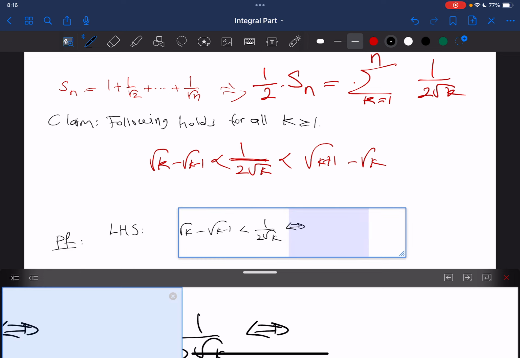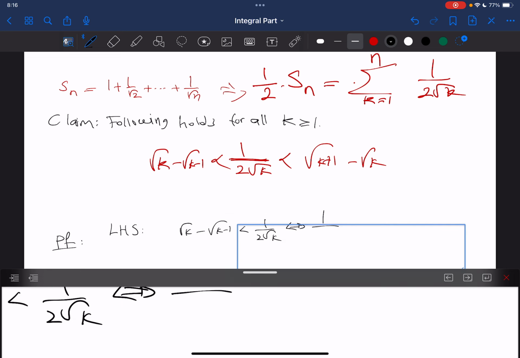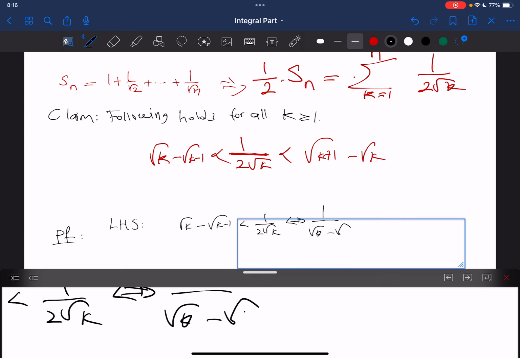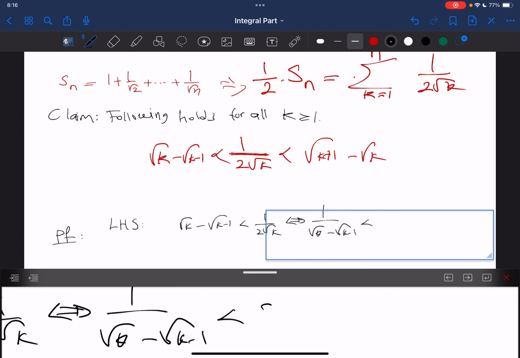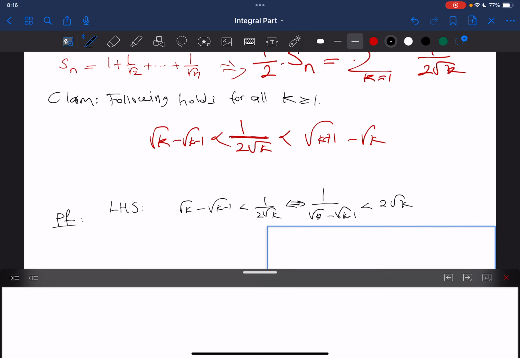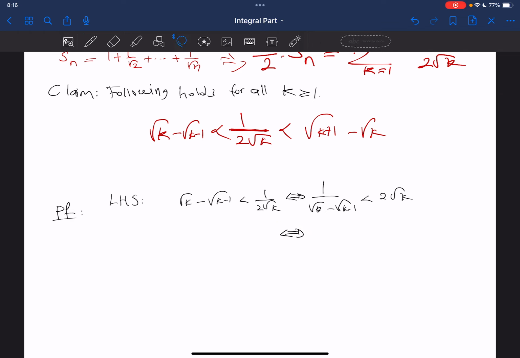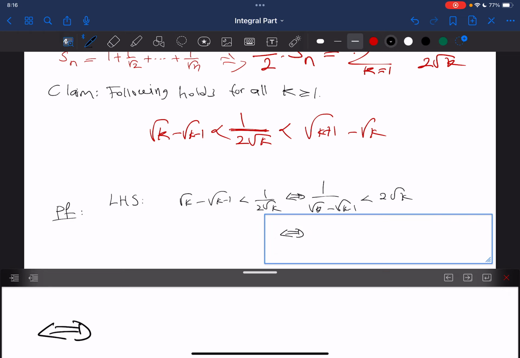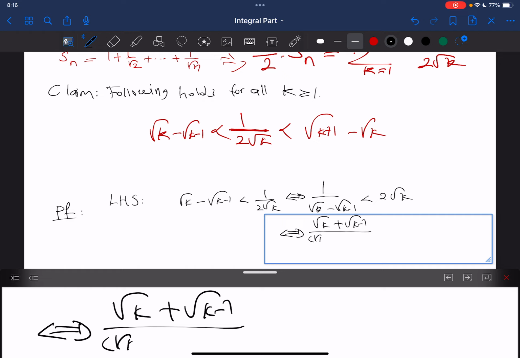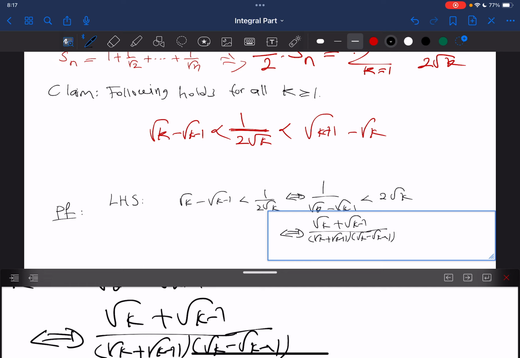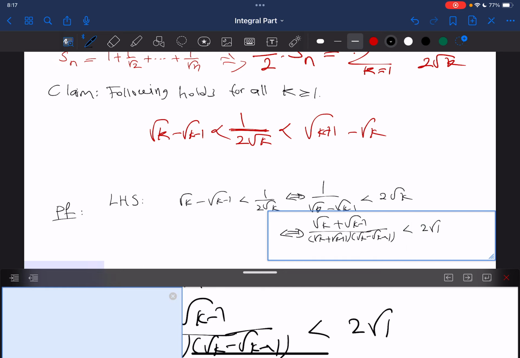This is true if and only if 1 over root k minus 1 is less than 2 root k, right? And this is true if and only if root k plus root k minus 1 divided by root k plus root k minus 1 times root k minus root k minus 1 is less than or equal to 2 root k, right?